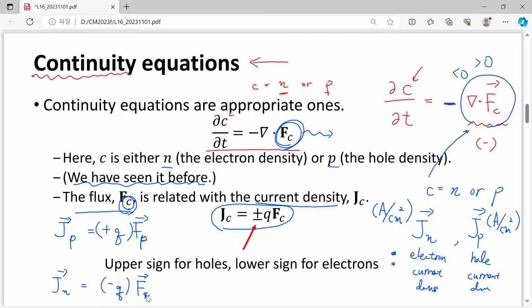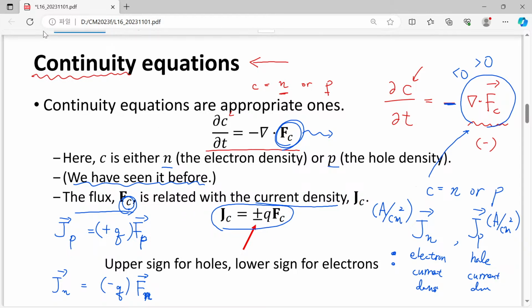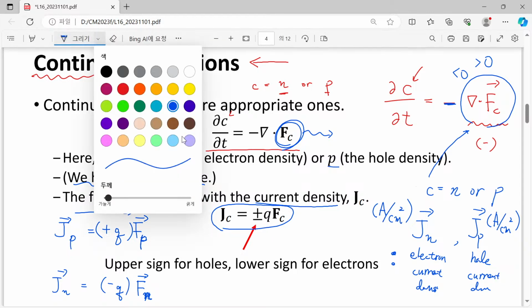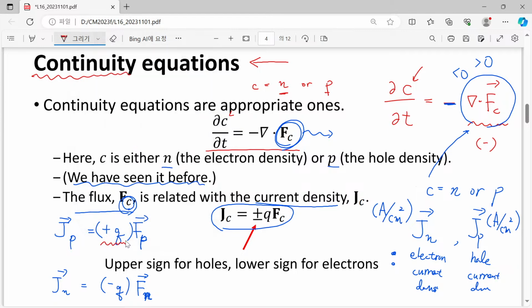So C must be N here. Simply speaking, since our holes are carrying positive Q charge, we must multiply positive Q to calculate the current density. On the other hand, an electron carries minus Q, so that's the reason why we must multiply this quantity.